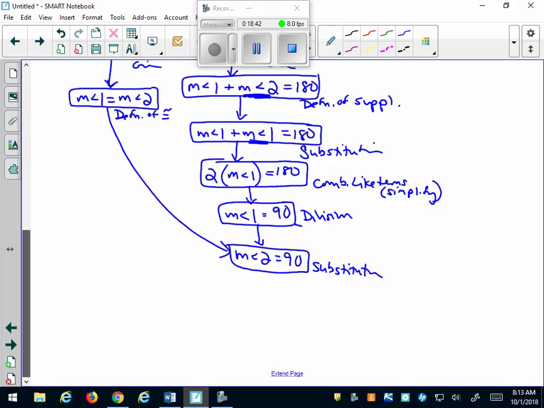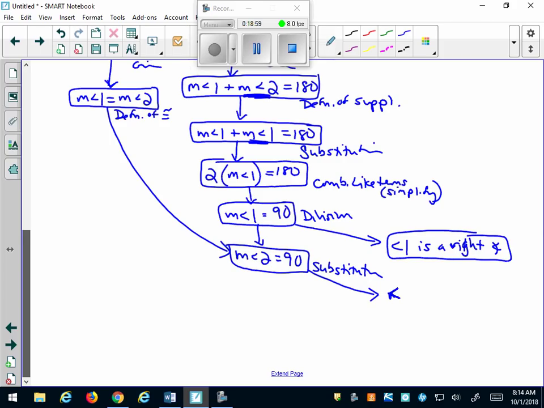And then each of these leads to the same conclusion. If the measure of angle 1 equals 90 degrees, then angle 1 is a right angle. And if measure of angle 2 is 90 degrees, then angle 2 is a right angle.